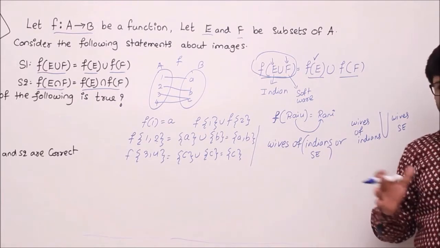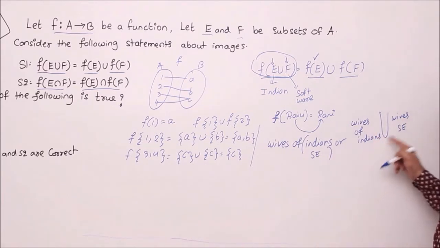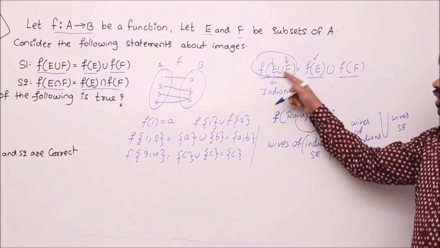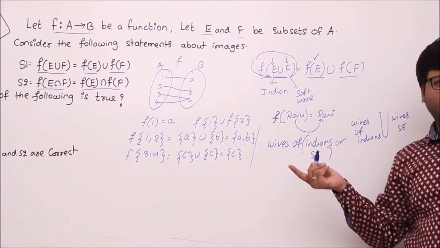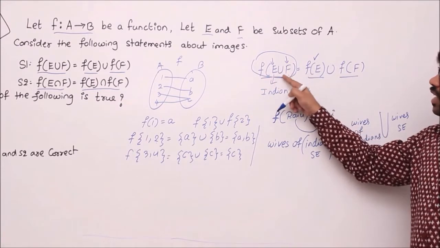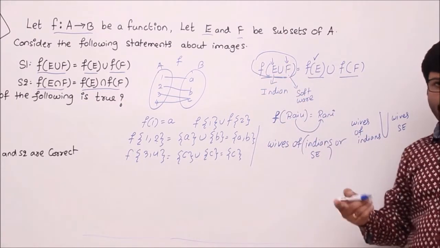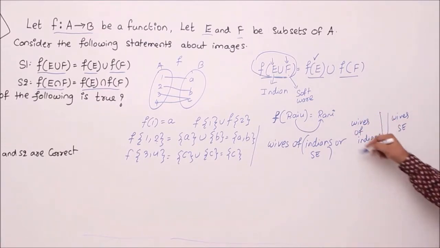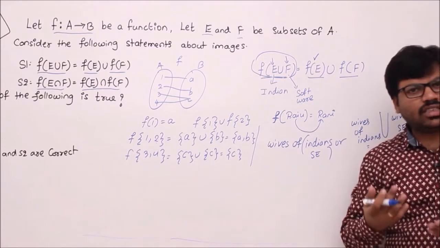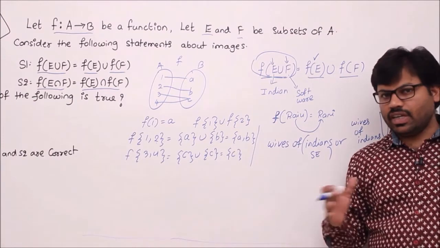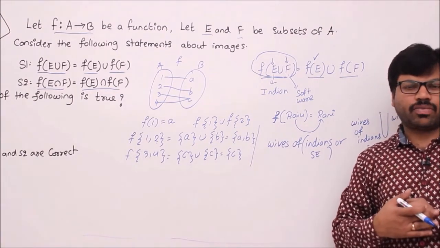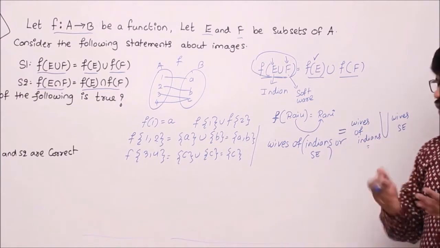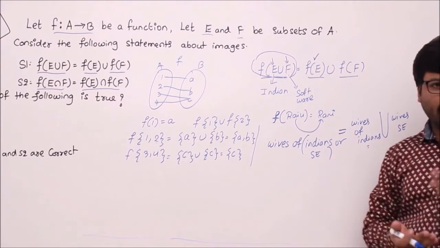They will become wives of either Indians or software engineers. Here also, the wives of E union F, that is Indians or software engineers, means wives of Indians or software engineers. So these two sets are equal in meaning, correct or not?